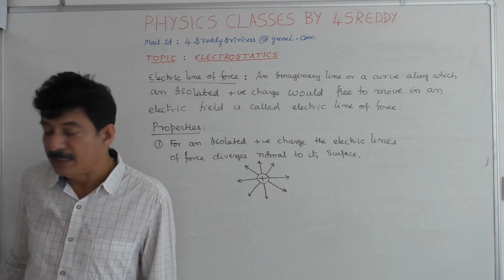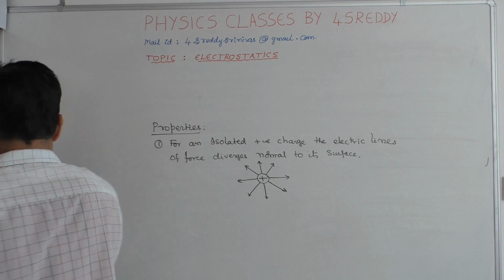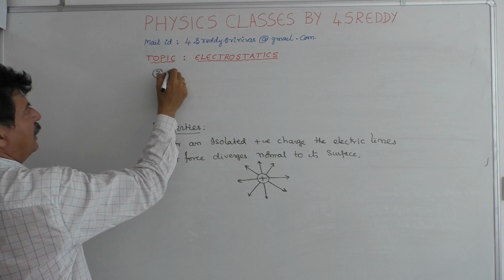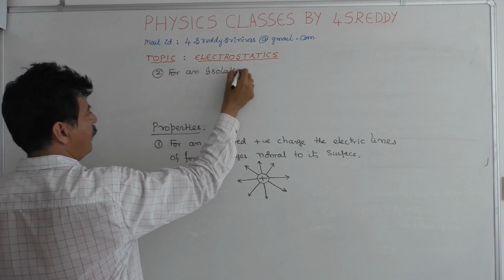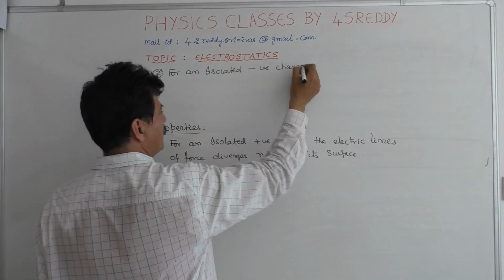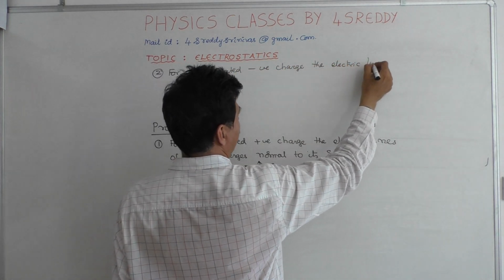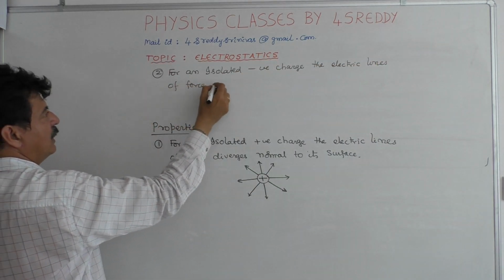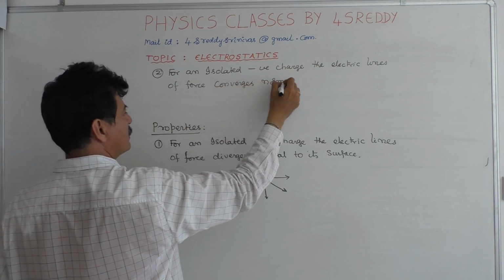Now the second one, point number 2. For an isolated negative charge, the electric lines of force converge normal to the surface.